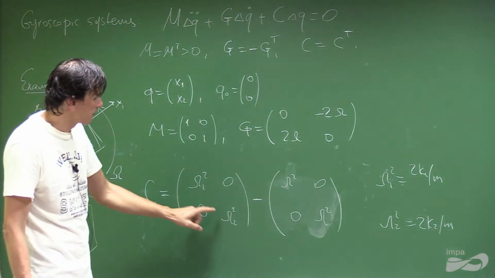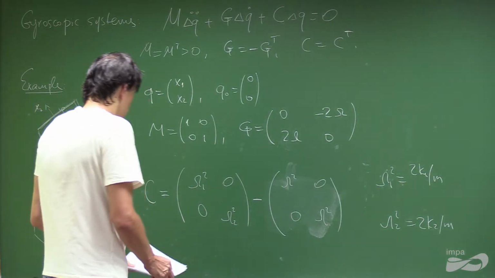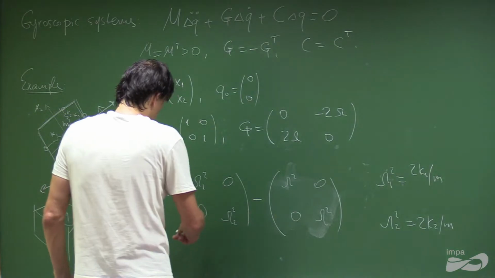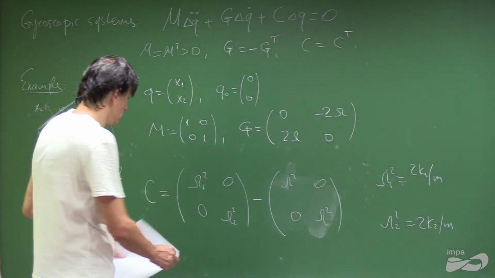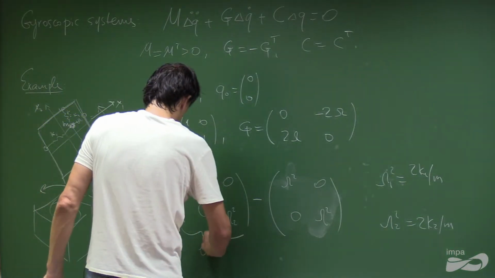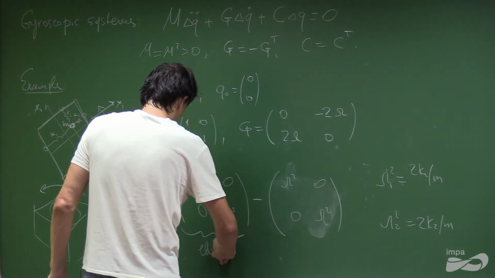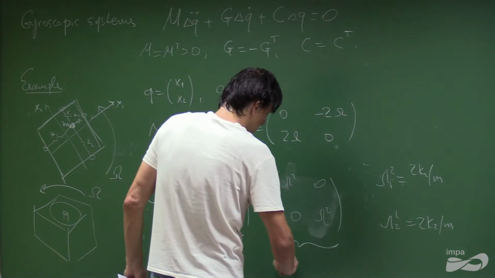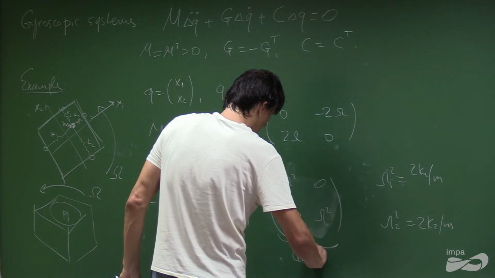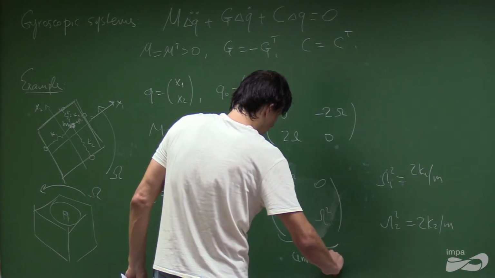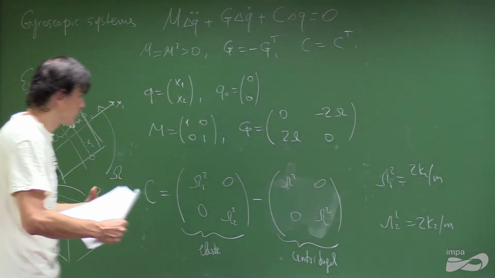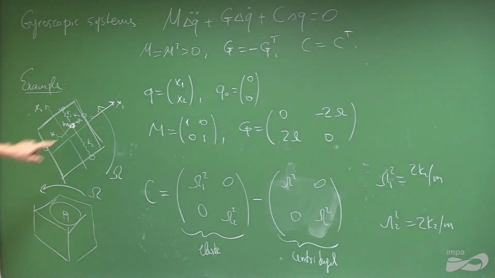These are eigenfrequencies. So essentially, what is what? This is the elastic force, the elastic part. This corresponds to the centrifugal force, which, when there is rotation, tries to pull the mass out.